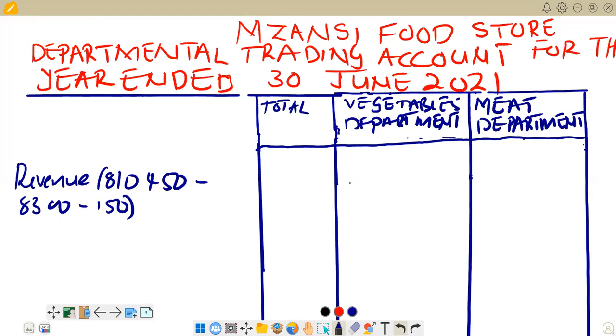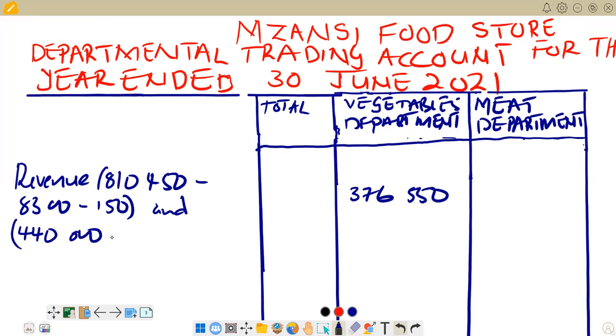So revenue for the vegetables department, if you calculate that, you are supposed to get 376,550. And also we have to adjust for the meat department. For the meat department, the figure for revenue that you are given in the list of balances is 440,000.